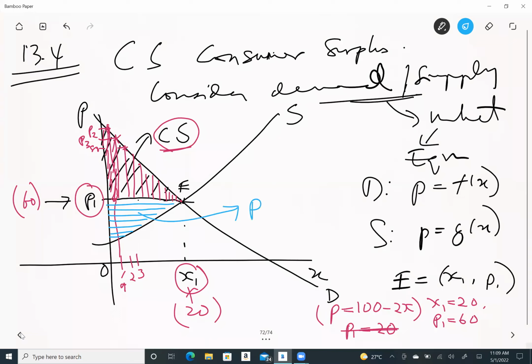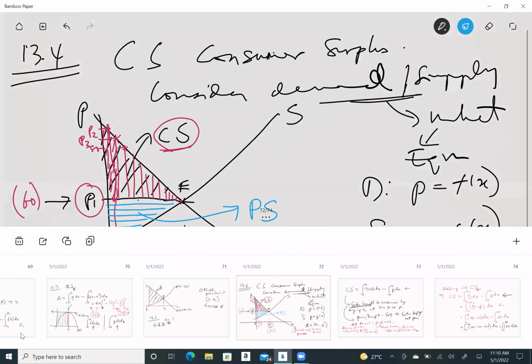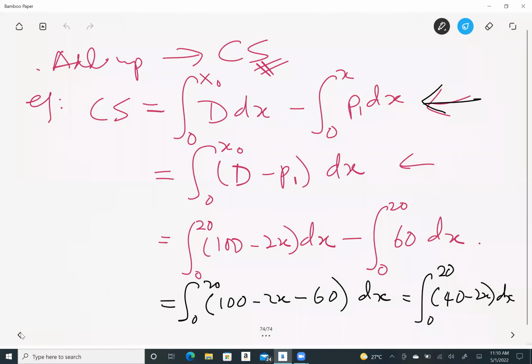So that is producer supply. So it's the area between the market price and what? And the supply function. So you got it? You got the area? Okay, good. So now we want to go into a little bit more detail of that.